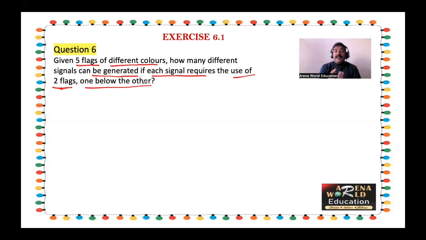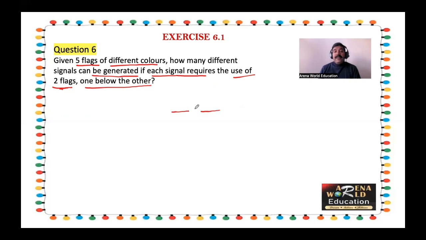Here, 5 flags of different colors are given, and we want to arrange 2 flags. This is just like 5 digits given and you want to make a 2 digit or 3 digit number. So don't get confused with this language.